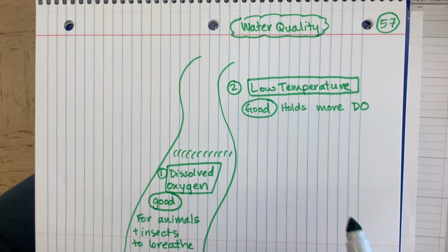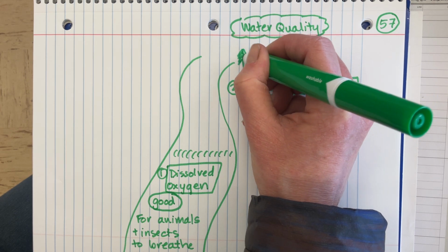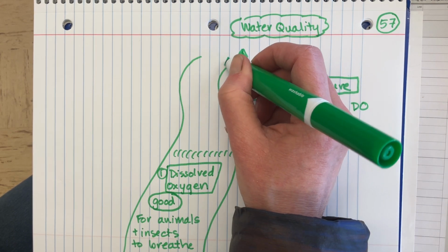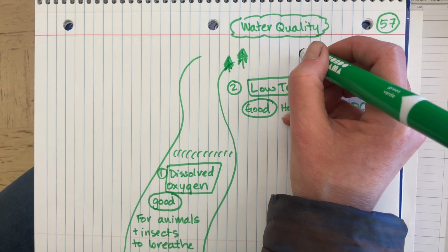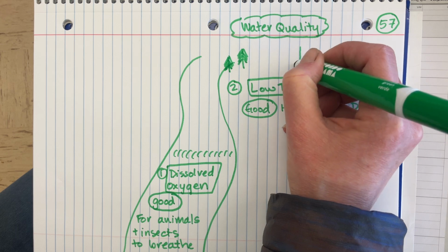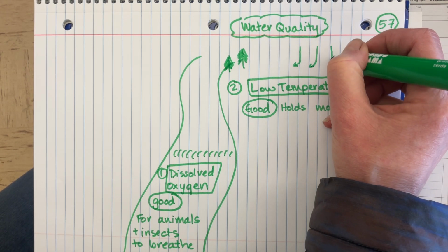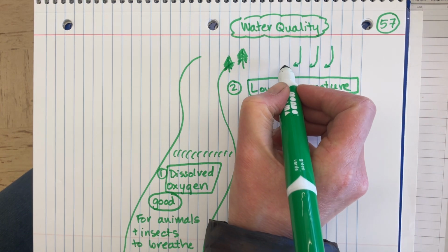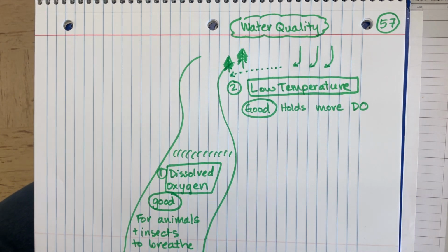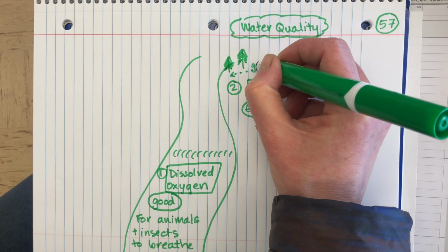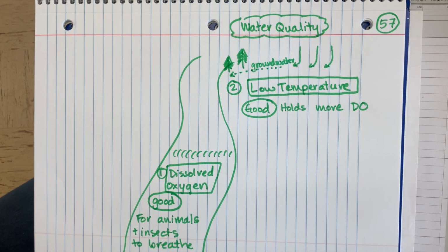And things that help lower the temperature of the water, if there's trees that cover the rivers, that shades them so they don't get hot in the sun. And then of course, the more water that infiltrates into the ground when it lands on plants or grass or trees, and then makes its way to the creek as groundwater, that helps keep the temperature low in the creeks and rivers.